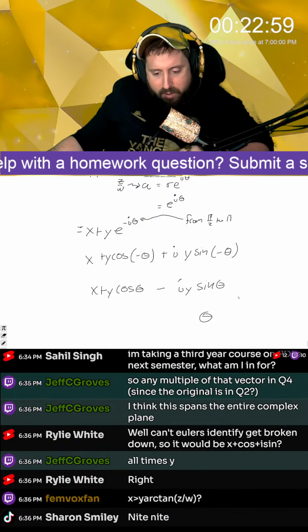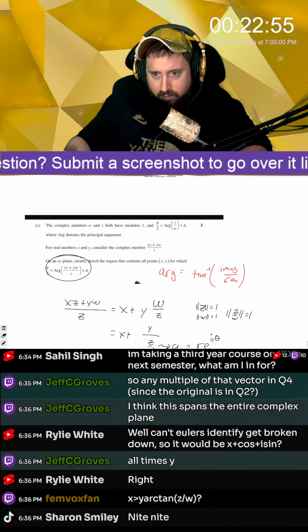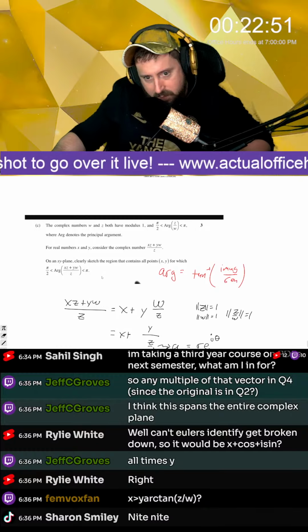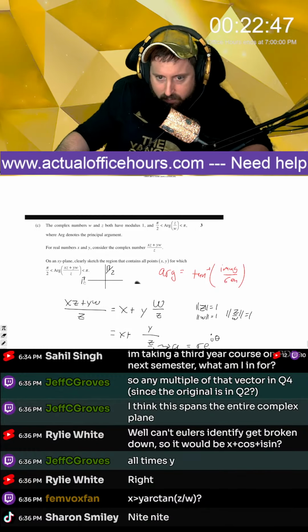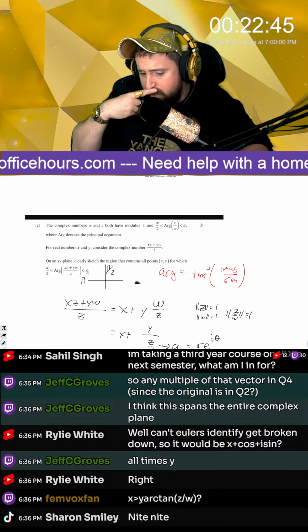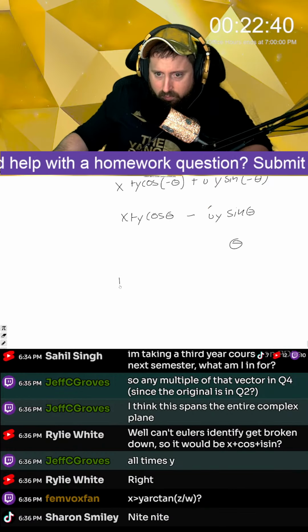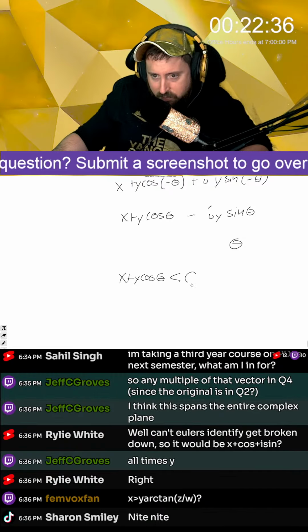Okay, and then what's the requirement? Okay, if I need the argument to be between pi over 2 and pi... This is pi over 2. This is pi. That means I need the real part to be less than 0. So x plus y cosine theta has to be less than 0.